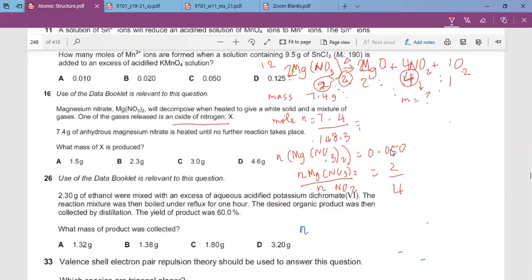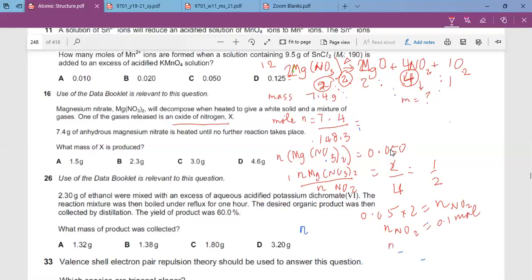Use 1 here. So it equals 1 over 2. The number of moles of the nitrate is 0.05, so times 2 equals the number of moles of NO2. So the number of moles of NO2 is 0.1 mole.